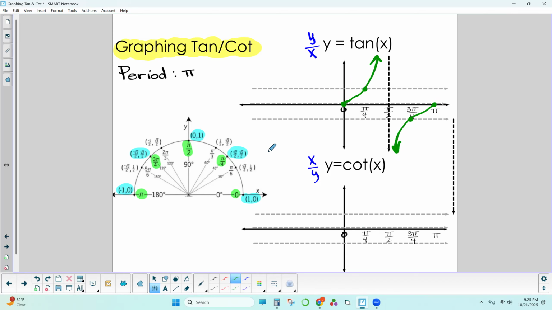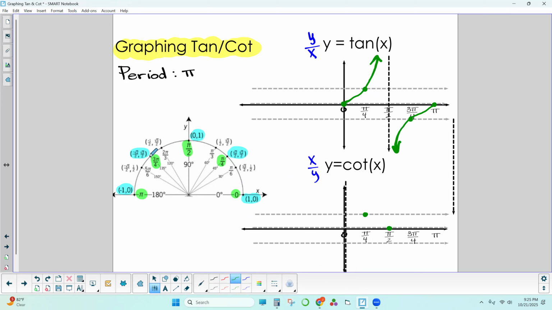Let's graph the parent function for cotangent, which is x over y. We're going to do the same thing with the same setup. At 0 radians, x over y is undefined. As we move to pi over 4, x over y, we get 1. At pi over 2, x over y is 0.